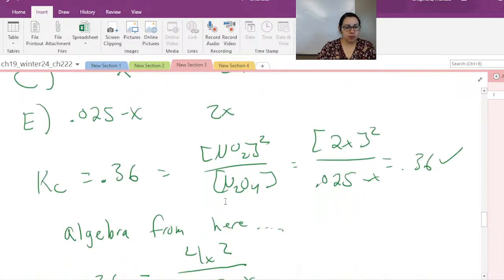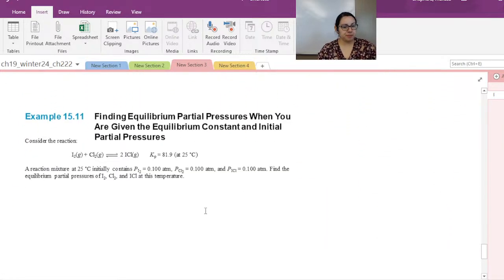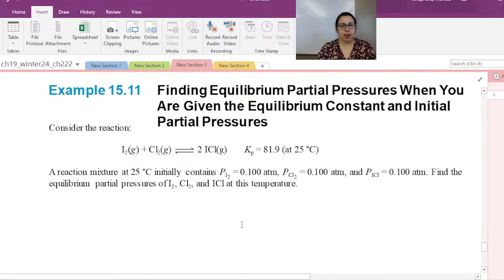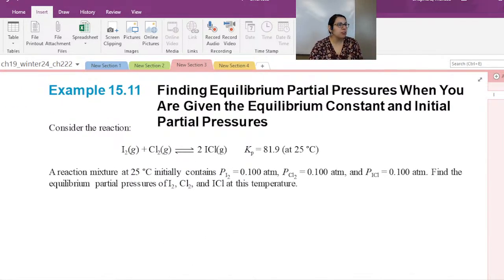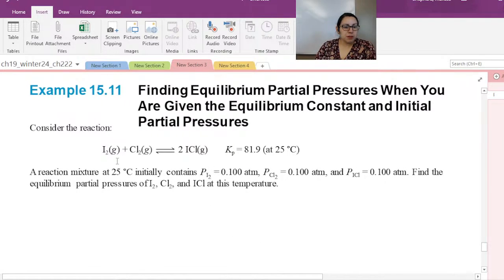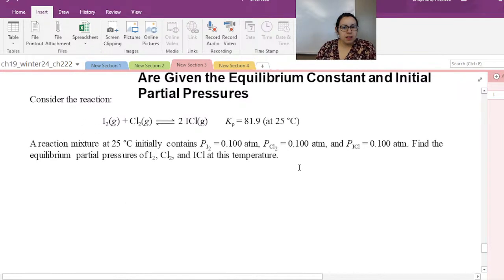All right, let's do some more practice. It's kind of the same thing, except now with units of pressure, so it should feel just the same. Now, surprise, surprise, we're looking at a reaction of iodine and chlorine again, making iodine chloride.